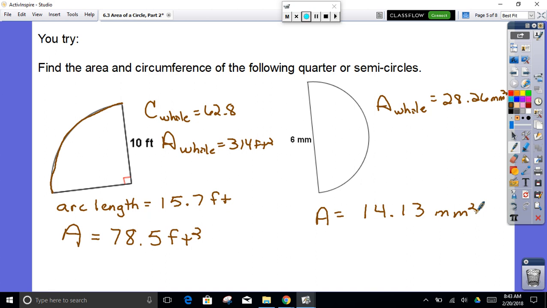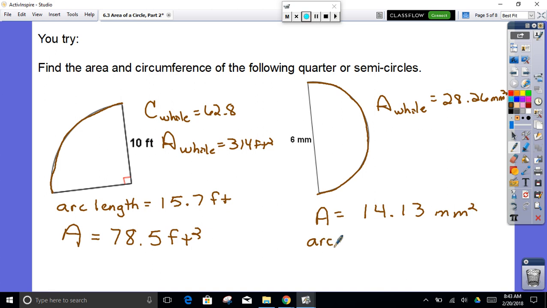Okay, if we wanted to find the arc length, just this part, what would the arc length be? Jimmy? No. Eli? 9.4. Good. 9.4 millimeters.